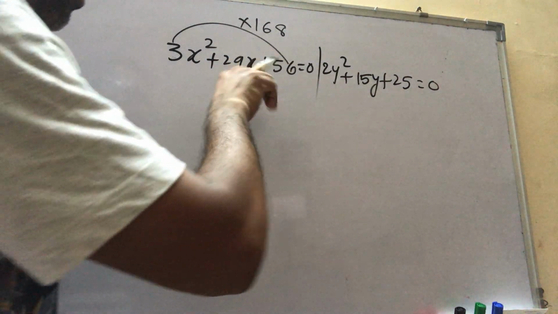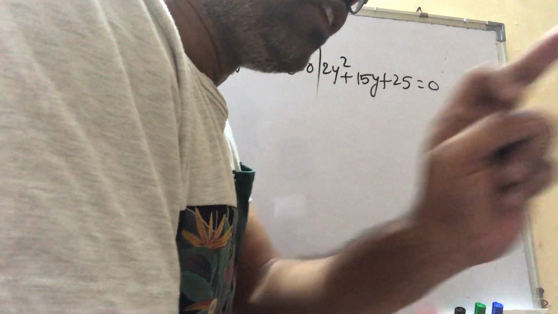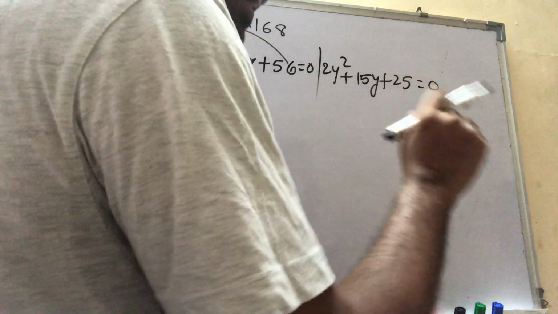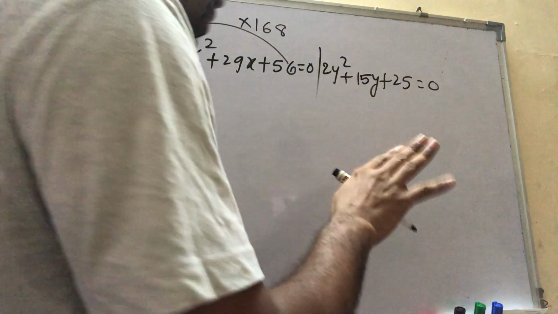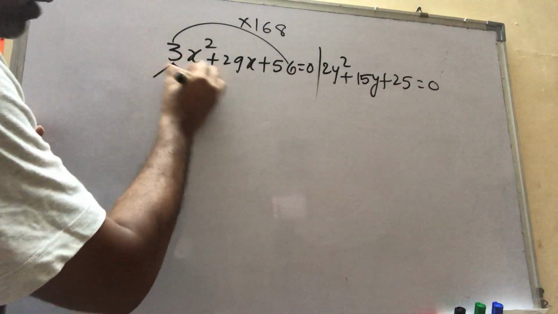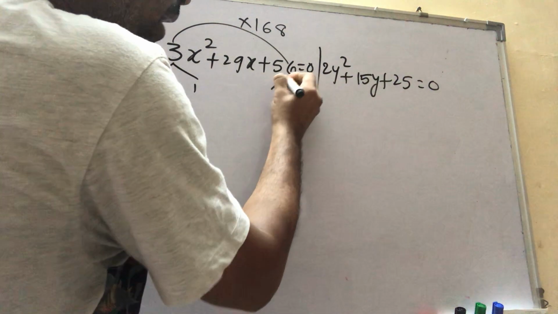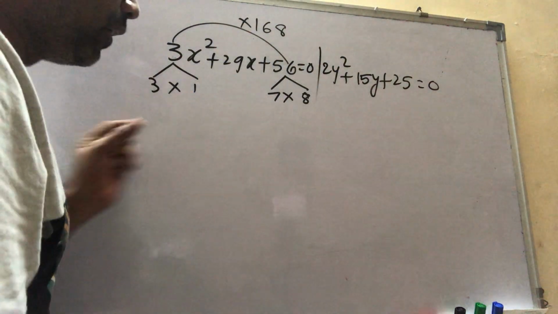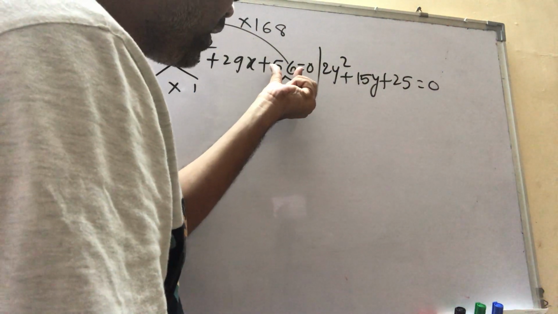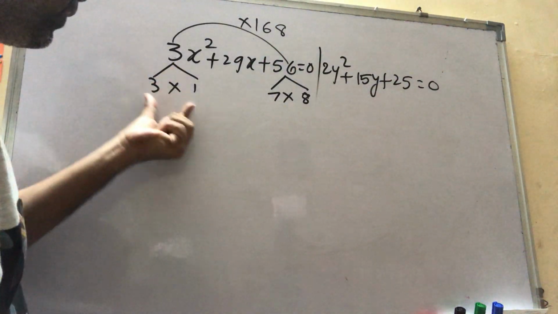If you try to find it this way, it will take time. So here I will give you a simple trick and technique to use when the multiplication comes in three digits. See, divide this 3 into 1. So 3 ones are 3, and divide this 56 into 7 and 8, that is 7 eights are 56. Look at this, we have just found the factors of 56, that is 7 into 8, and here 3 ones are 3.